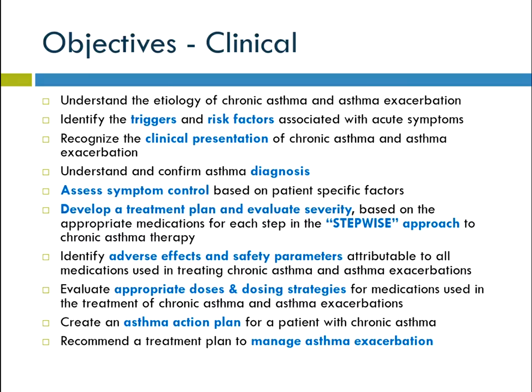Developing a treatment plan and evaluating the severity based on the stepwise approach, identifying adverse effects and safety parameters, which makes sense. Evaluating appropriate doses and dosing strategies for all of asthma management, and then creating an asthma action plan and managing asthma exacerbations. So pretty much learning what is asthma, how do we treat it, how do we handle exacerbations. That's pretty much the whole.